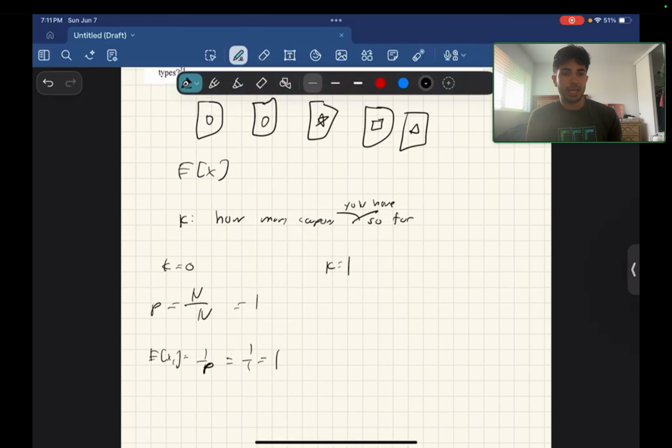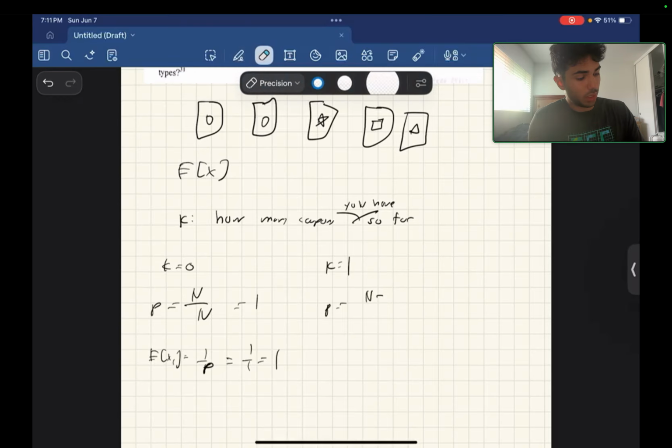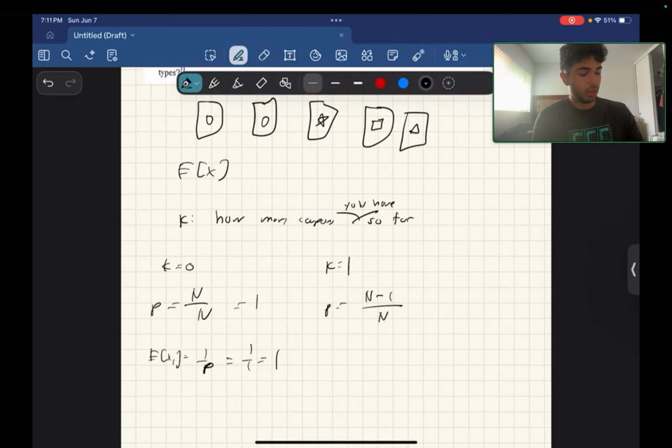To get the second coupon type, the probability will be n minus k, or n minus 1 over n, right? The chance of getting a new one is the chance of getting any of them except the one we already pulled.